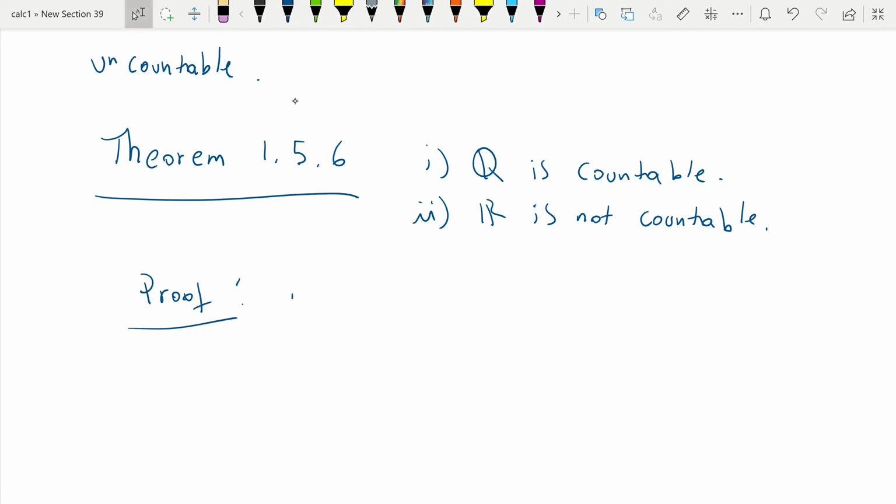The first part is homework, or I mean, I'm not going to grade it, but you can leave it as a useful exercise for you. And the second part, we're going to see actually comes from the nested interval property.